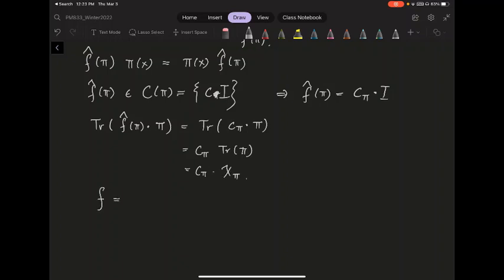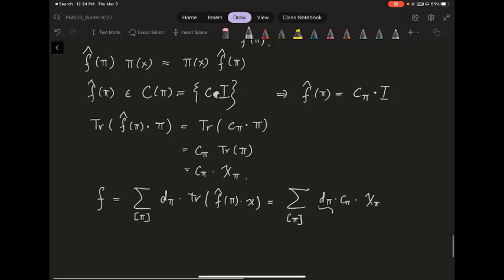So your f, if you write it as a summation over all these irreducible representations of d pi times the trace of the f hat of pi times pi, now you can just rewrite this as d pi times c pi times the characteristic function at pi, okay? So that's a new formula.